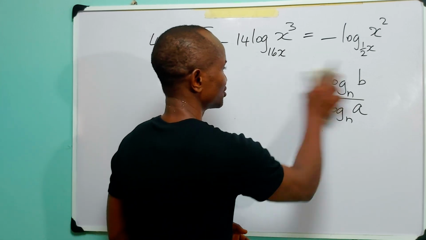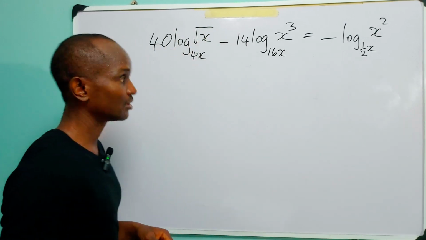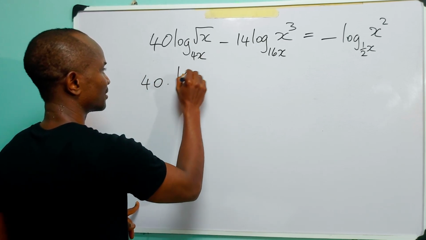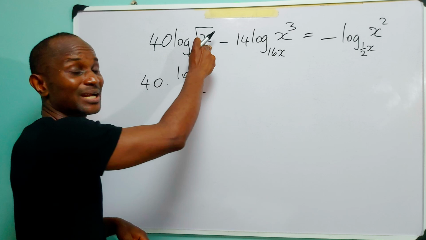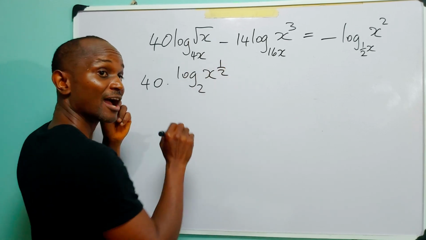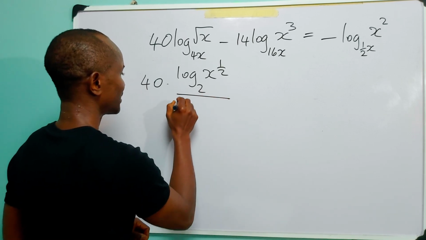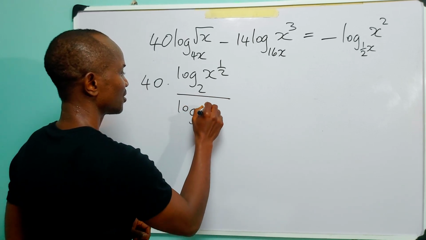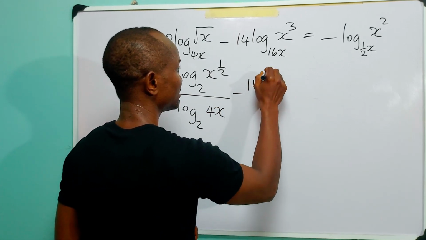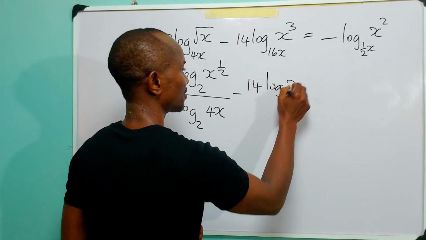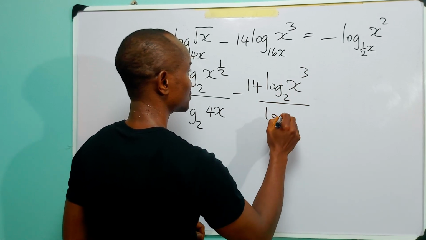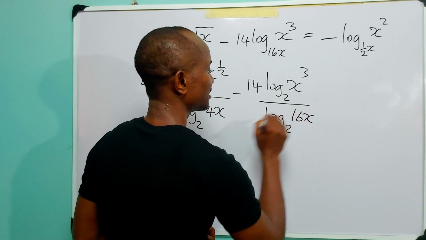So applying the change of base formula to this equation, we have 40 times log to base 2. Now remember that we can write square root of x as x raised to power half, divided by log to base 2 of 4x, minus 14 times log to base 2 of x raised to power 3, divided by log to base 2 of 16x.